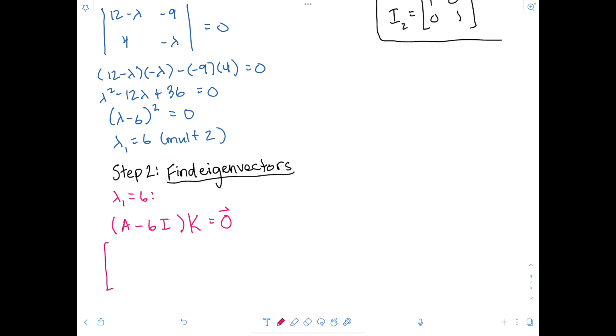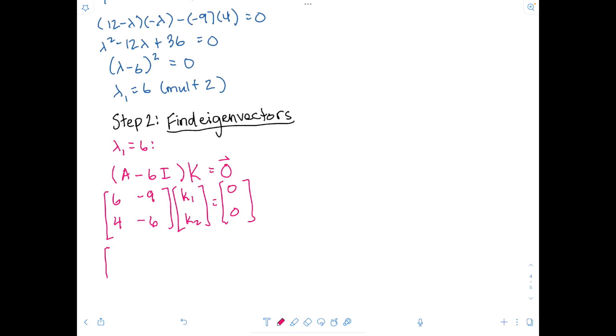So then we will have 12 minus 6 is 6. Then we'll have negative 9, 4, negative 6 times K1, K2 equals 0, 0.